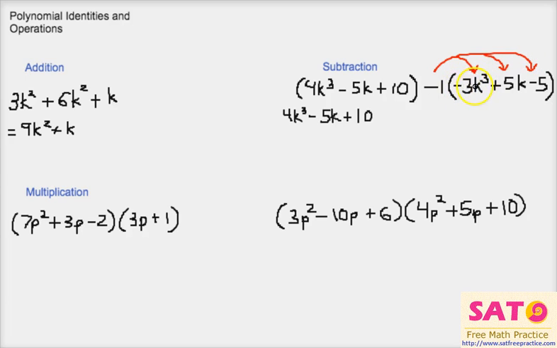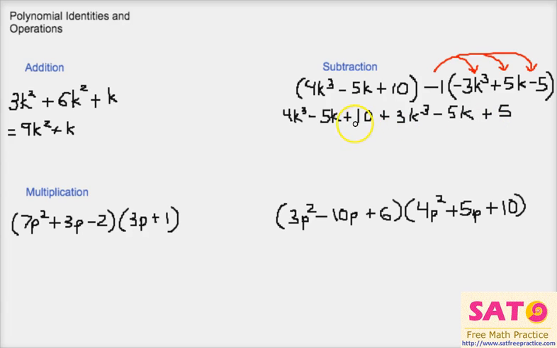So negative 3k to the third power becomes positive 3k to the third power, and positive 5k turns into negative 5k, and negative 5 turns into positive 5. So let's write that out. Positive 3k to the third power minus 5k plus 5.